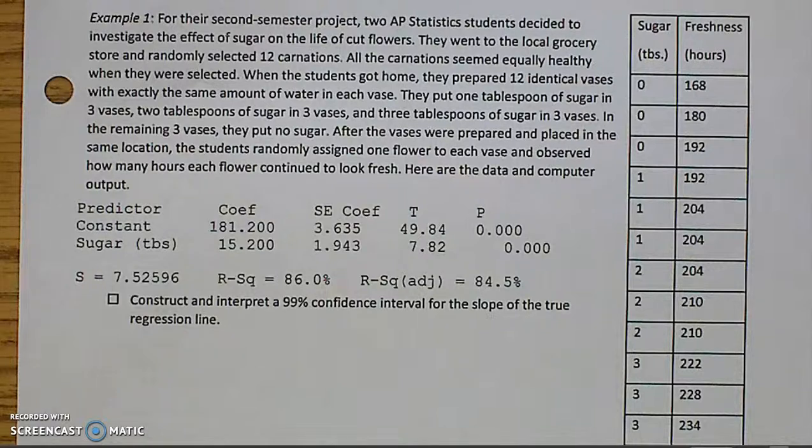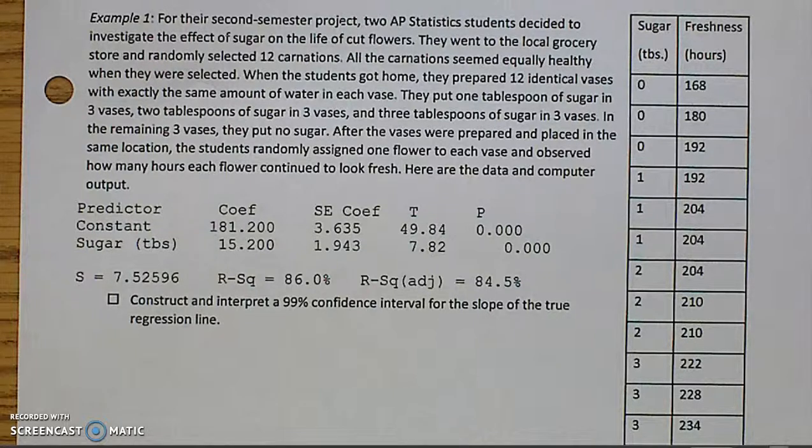For their second semester project, two AP Statistics students decided to investigate the effect of sugar on the life of cut flowers. They went to the local grocery store and randomly selected 12 carnations. All of the carnations seemed equally healthy when they were selected. When the students got home, they prepared 12 identical vases with exactly the same amount of water in each vase.